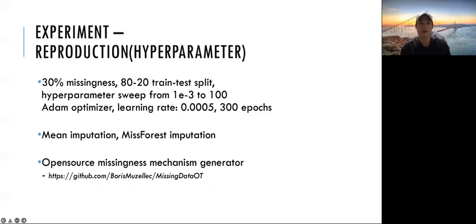Learning rate for all cases was set to 0.0005, as mentioned by the authors, data size 3000, number of steps 300, and feature size 10. For every 10 steps, imputed values were updated as the paper described. We have applied Miracle on top of mean imputation and missForest imputation, as they show the most difference in the result that the authors provided.